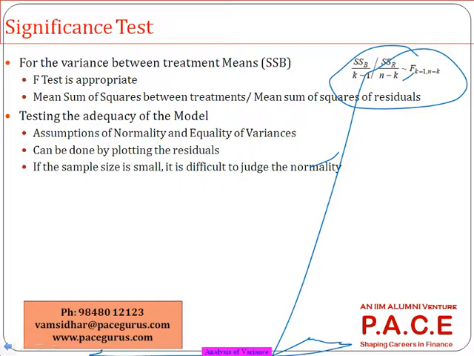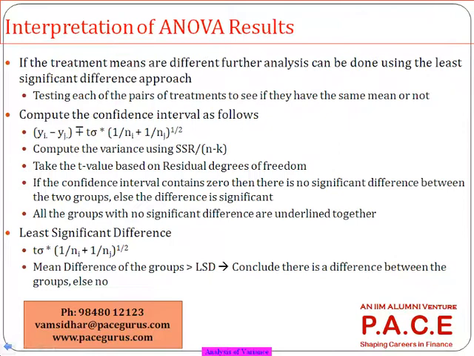Only under the assumption that the population is normal and the variances are more or less the same, we can use this ANOVA model. Now that in this example we find there is a difference, how do we proceed further? I have to define the interval for each of the means.